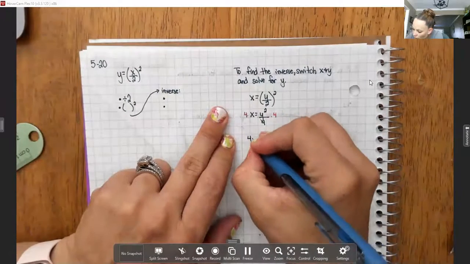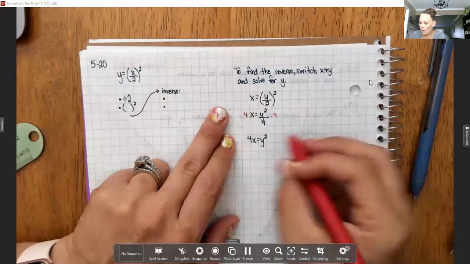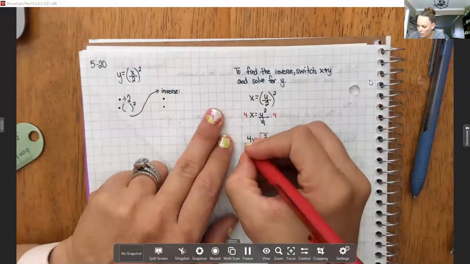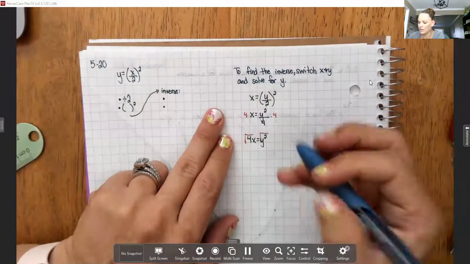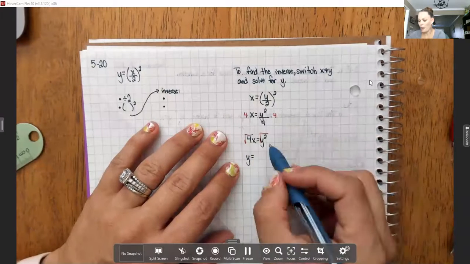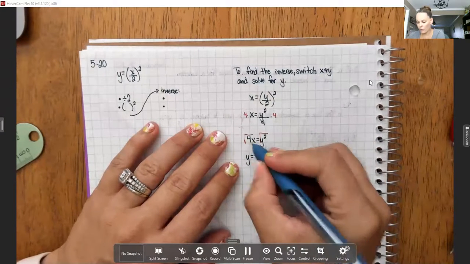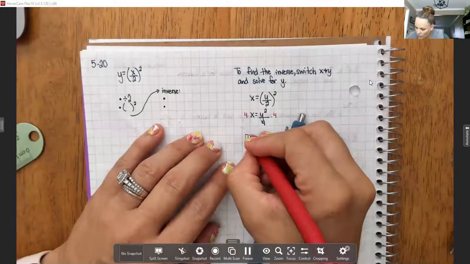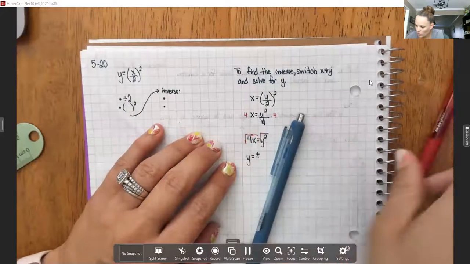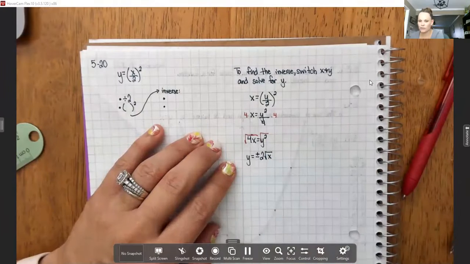I have 4x equals y squared. And then to get this by itself, I'd have to square root both sides. So y would equal plus or minus the square root of 4, which we know is 2, times the square root of x.